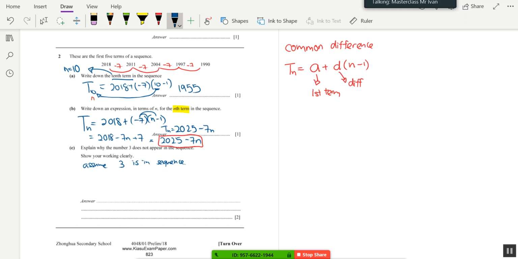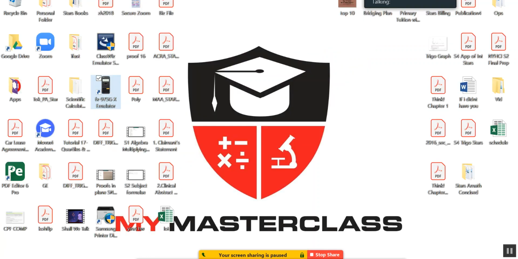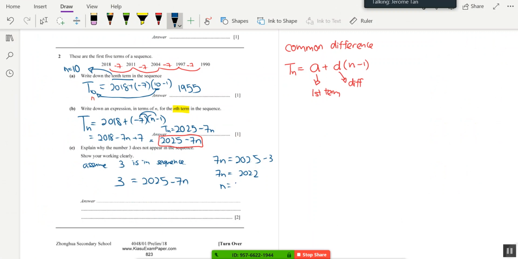Means that whatever formula I make, 3 can happen. So now I put the 7n to one side, equal to... n is equal to 288.857 or something like that, which is not okay.